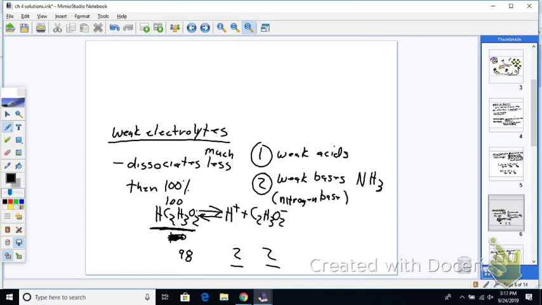I'll dump this again, get some water, and show you that it's not conducting. Oh, it is conducting. Must have left some in there. Doesn't take much.